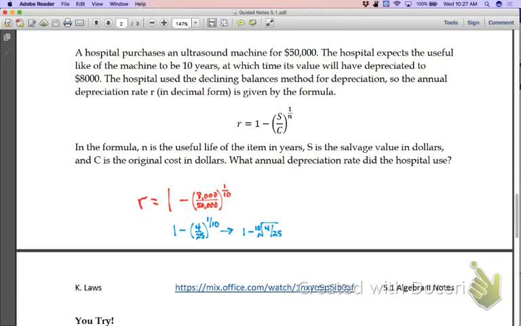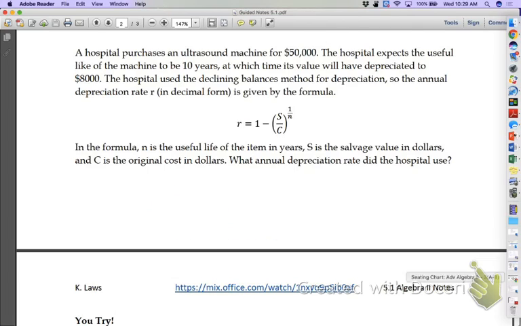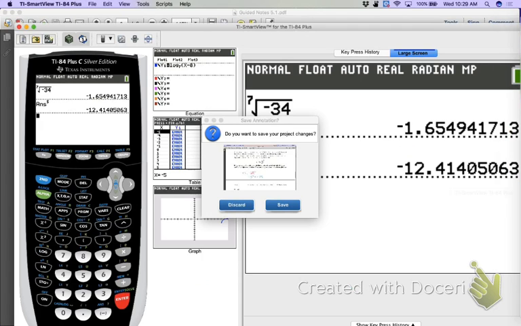Okay, so if you want to just type it in basically straight off of what we had, I'm just going to go 1 minus 4 divided by 25 to the 1/10 power.